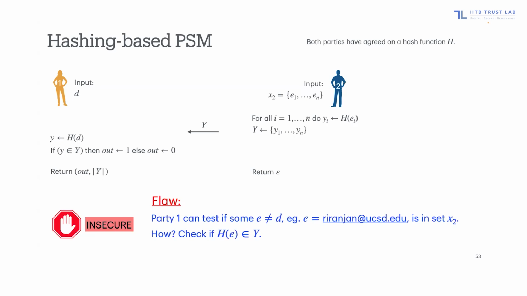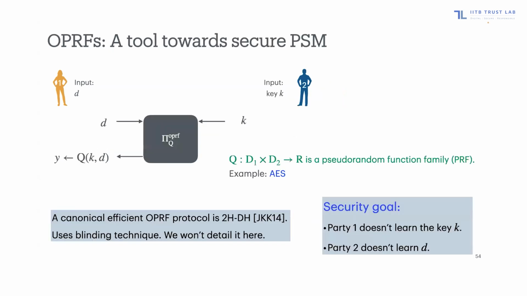With this, what I wanted to motivate was that it's very easy to have bad protocols without clear security analysis. And Jose and Linda, who gave the PSM protocol, used OPRFs as a tool to create a secure protocol.